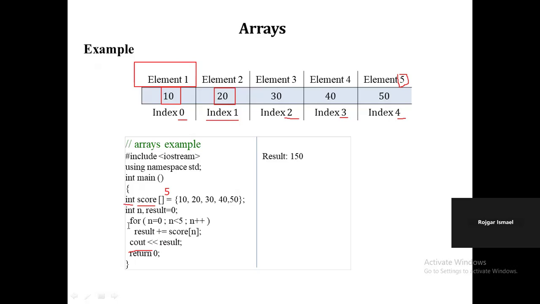If you're looking there, I started with the 4. If n equal to 0 and n less than 5, the 5 which is the array size, n plus plus.